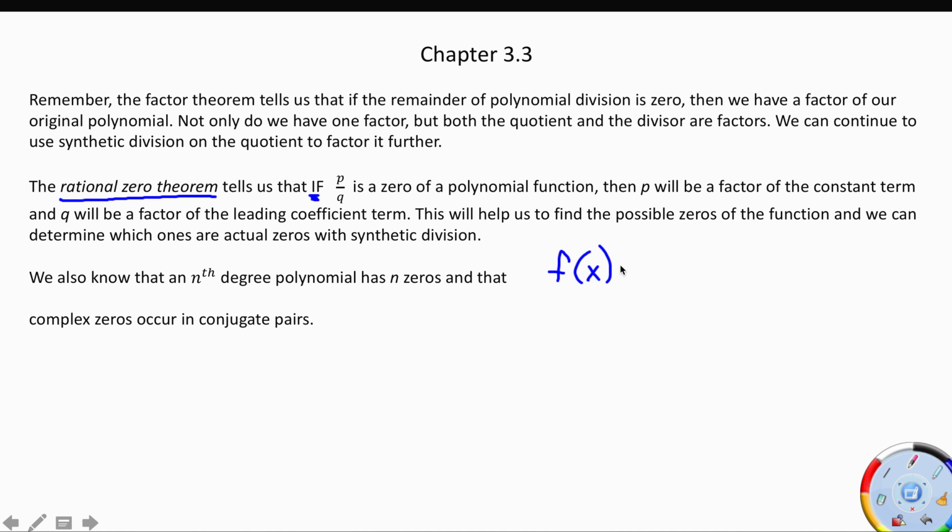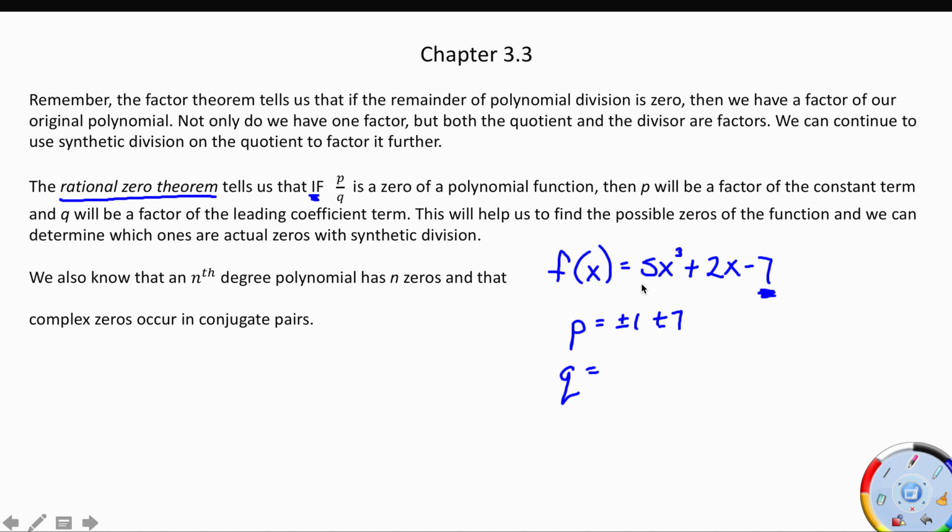In other words, if we have some polynomial function, if there are rational zeros, P will be a factor of, in this case, -7. So P would be plus or minus 1 and plus or minus 7.